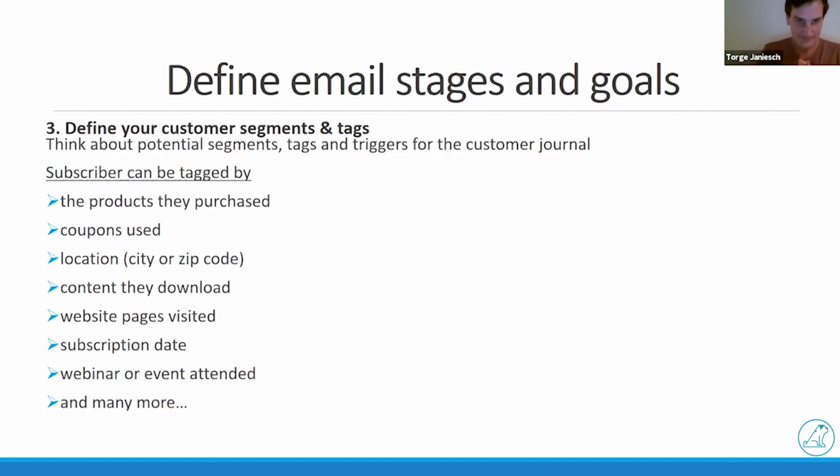Based on that, you can become very specific and say, for example, please let me know everyone who bought this and this product and is coming from this area, and also was looking at my website about some similar product. Then you know this person might be interested in this specific topic or product, and you might be able to send only to these people some specific products just for them.